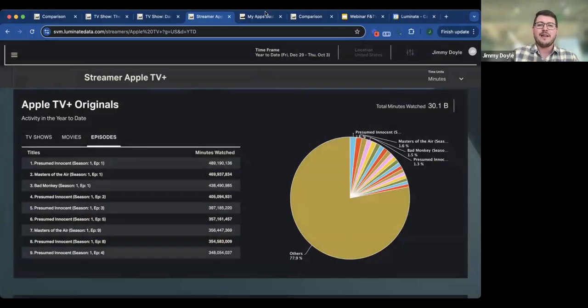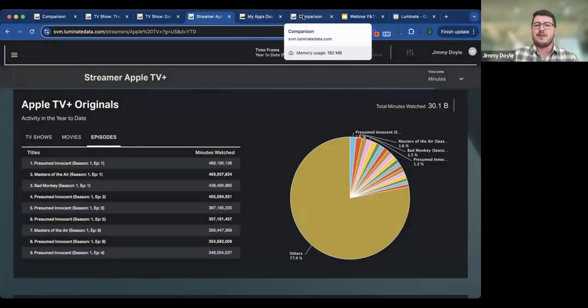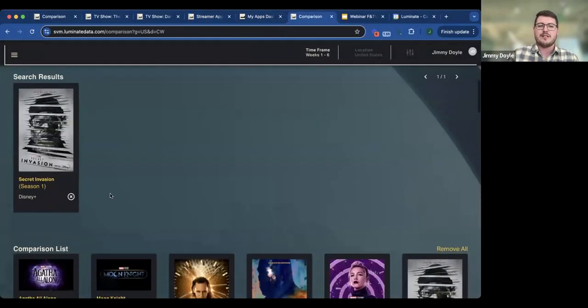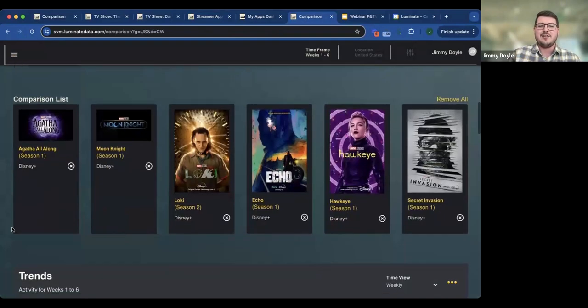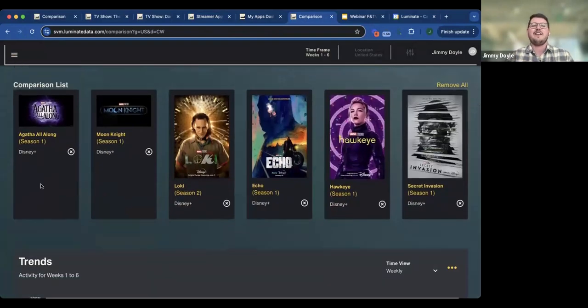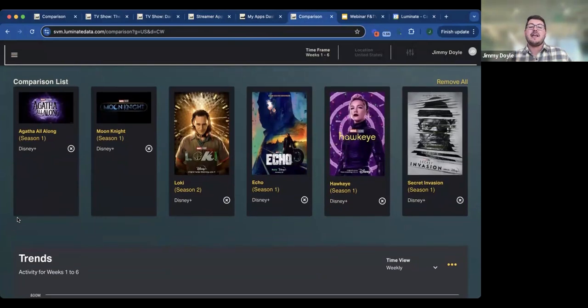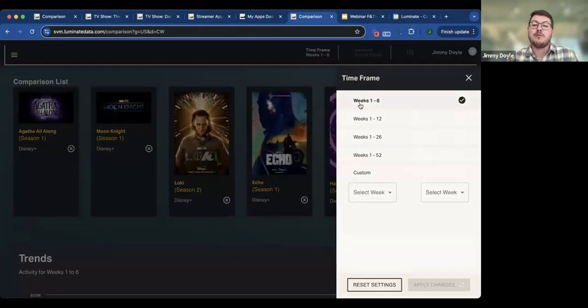We also have, really my favorite tool is our comparison tool. So I actually put together a comparison that we can look at. So with Agatha All Along releasing right now, this is something that I thought would be a little bit interesting. What's great about this tool is it allows me to bring in up to 6 titles to compare the viewership in the same time scale. So what we're looking at right now is weeks 1 through 6.